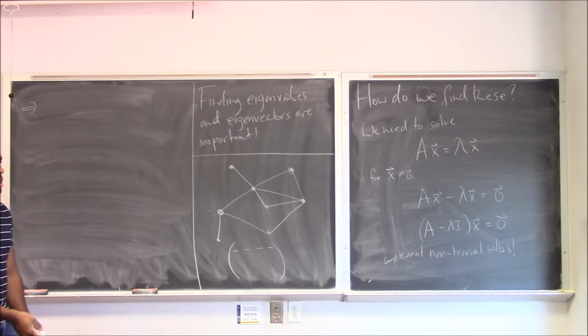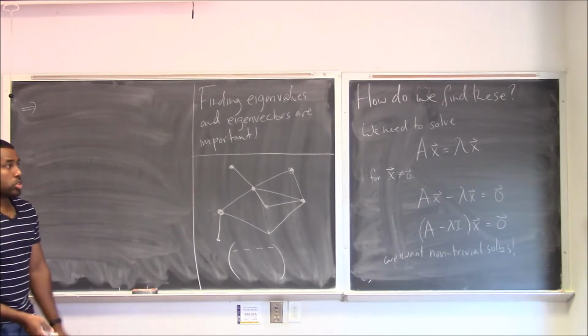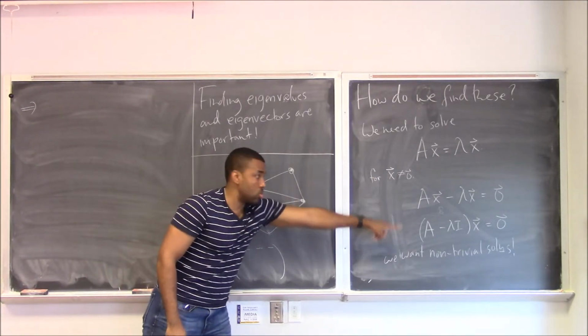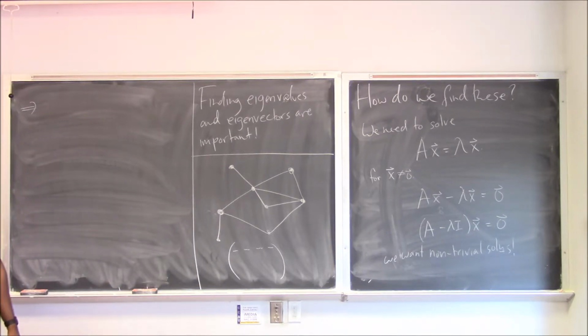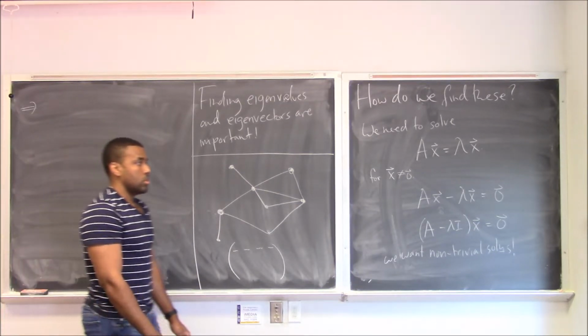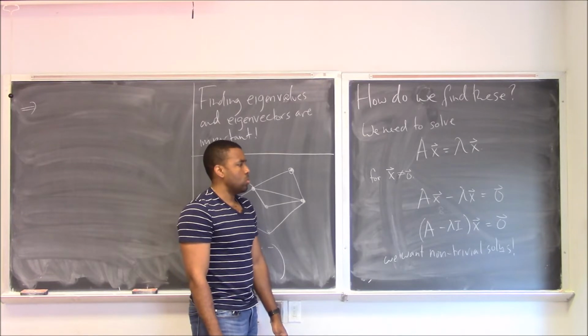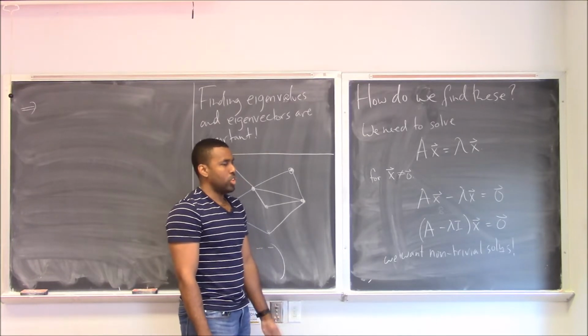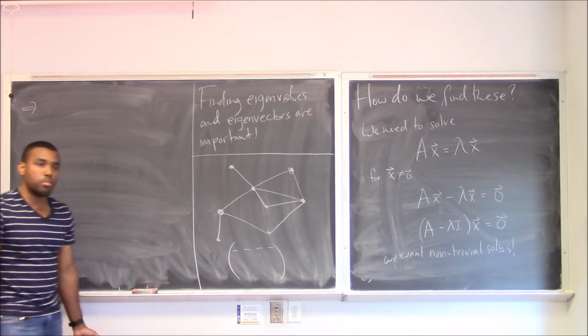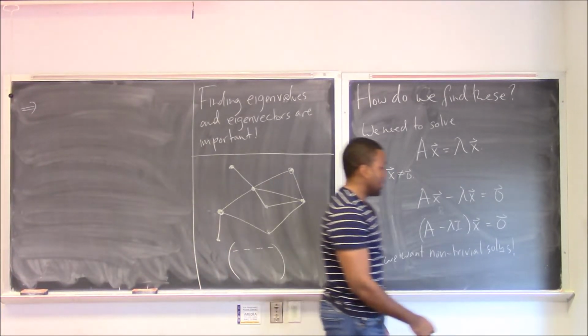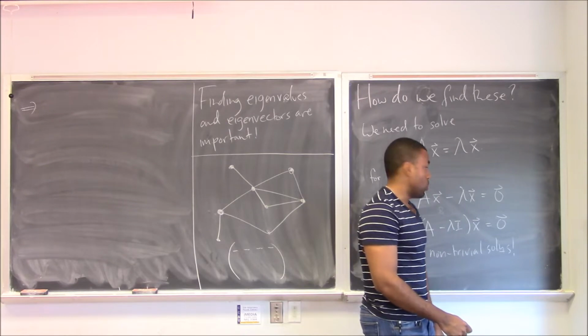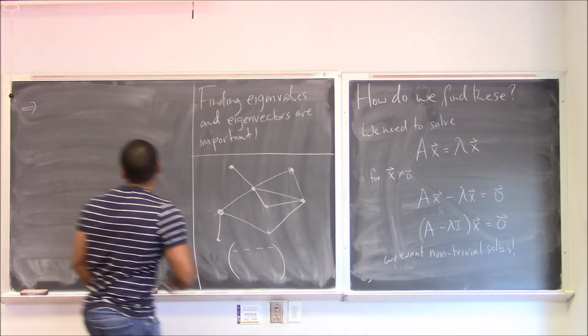I want non-trivial solutions, the guys that are not 0 that solve that equation. That matrix has to have a determinant of 0? No inverse? Literally the opposite. The determinant must not be 0. Because you want to be linearly dependent, right? We want to be dependent, so the determinant must be 0.